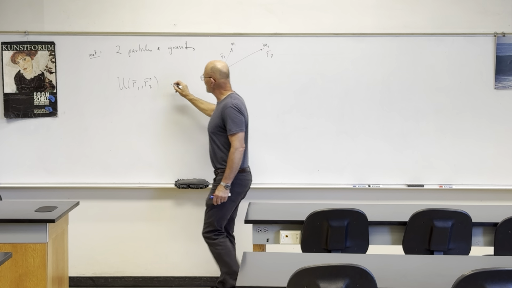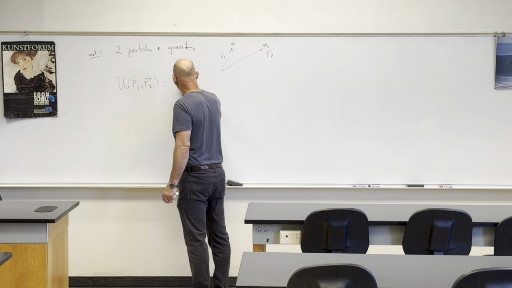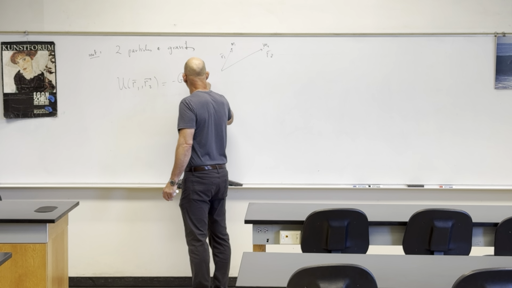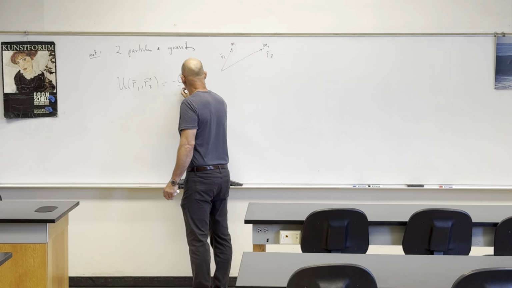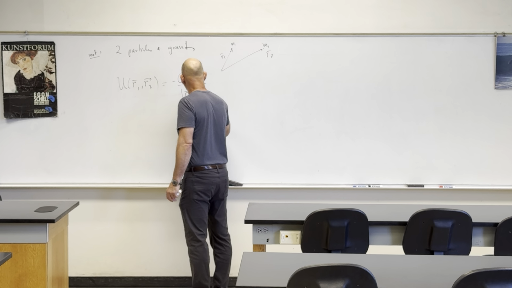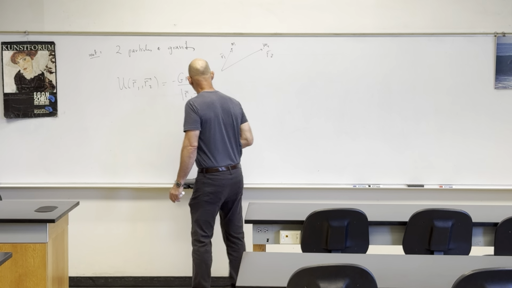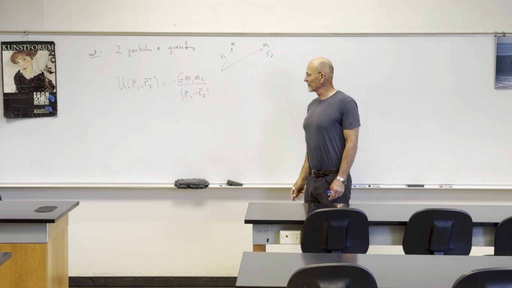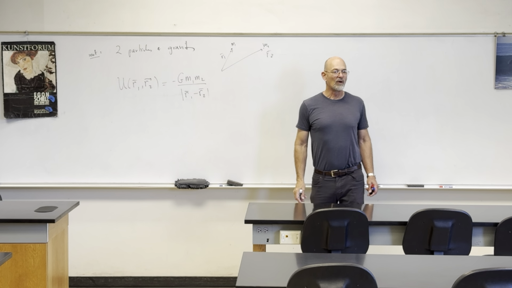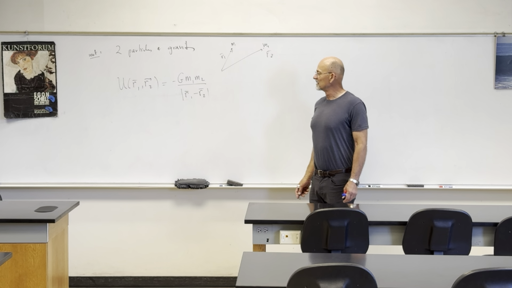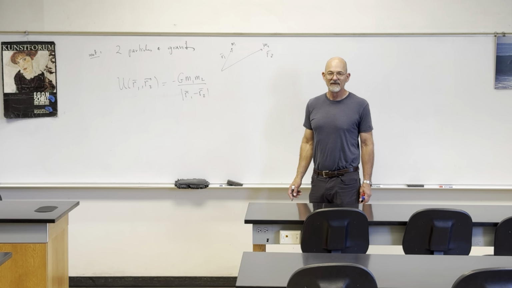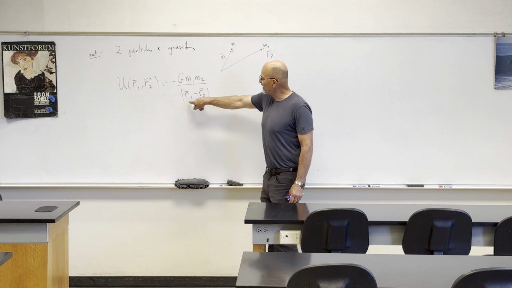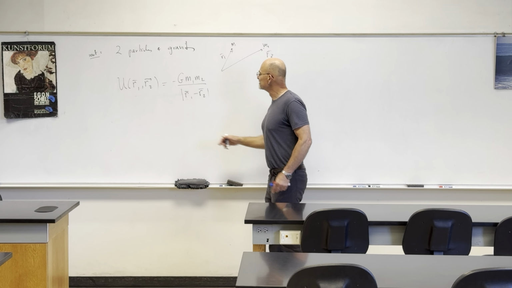And what does this potential energy function look like? Minus G M1 M2 over the magnitude of r1 minus r2. This is our negative alpha over r, essentially, right? Because this is the separation distance between the two particles.